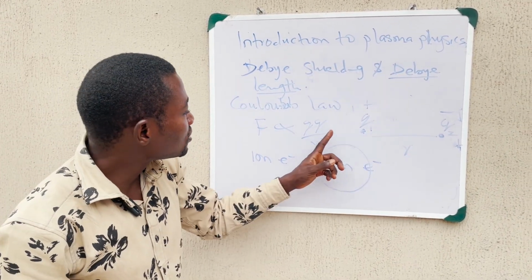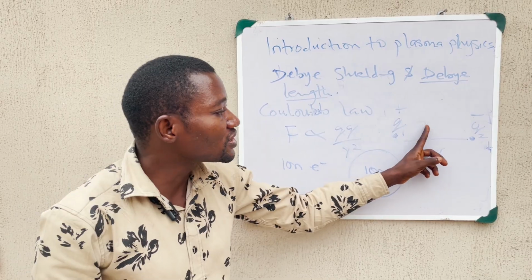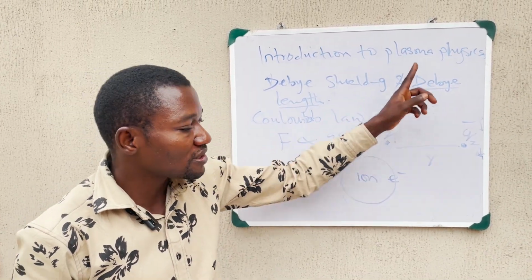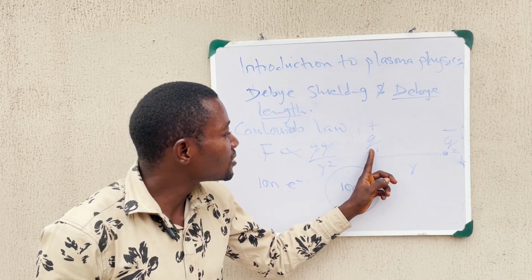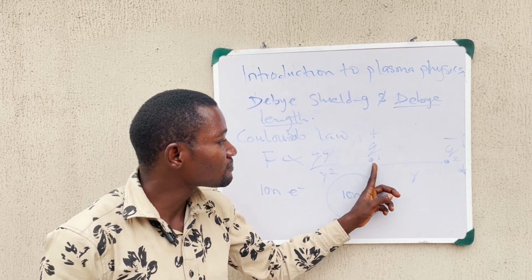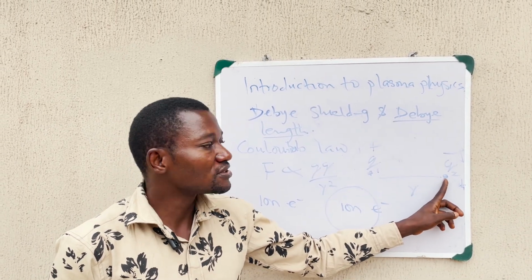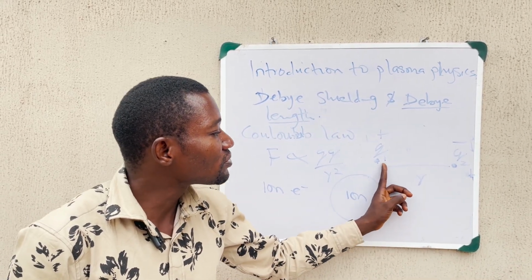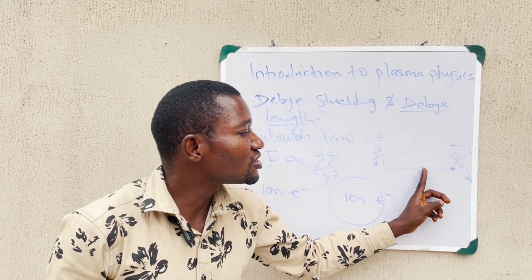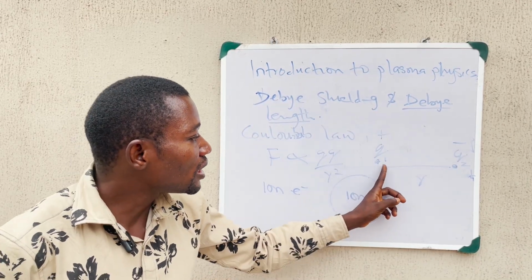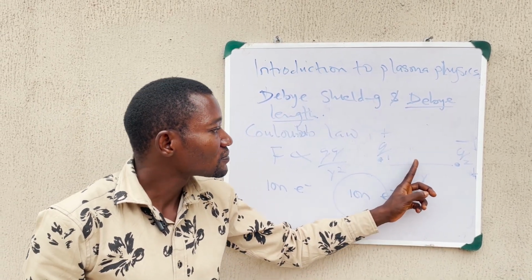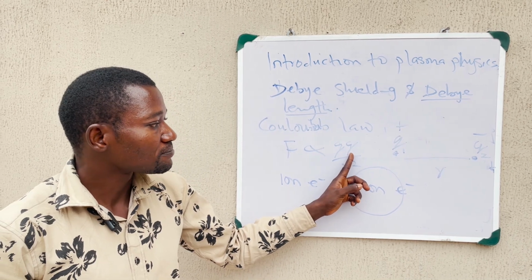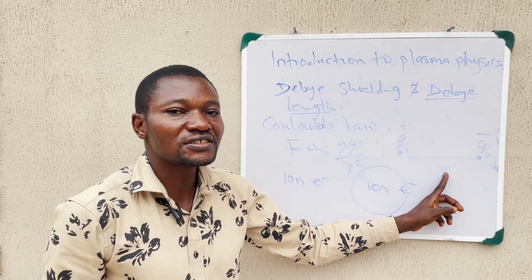So the difference between Coulomb's law in terms of charges and Coulomb's law considering plasma is that in the case of Coulomb's law for two charges, the force of attraction is indefinite, meaning it can be experienced irrespective of the distance, but the force is greater if the two charges are close to each other, because it's a function of distance.